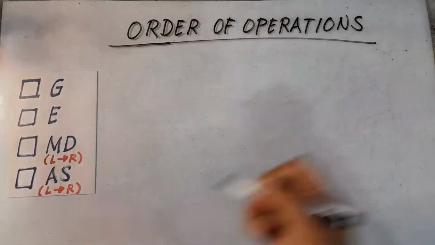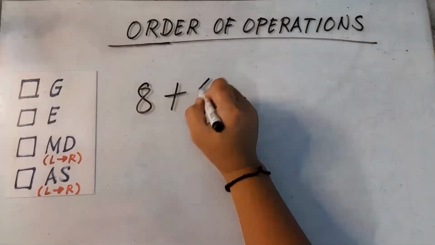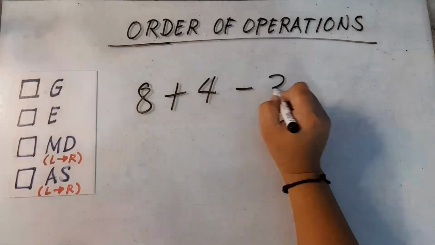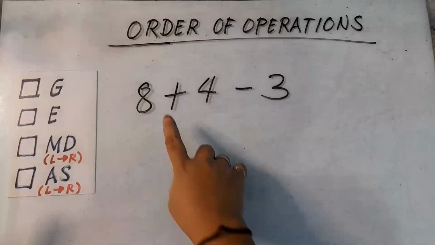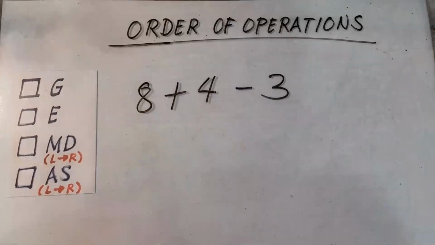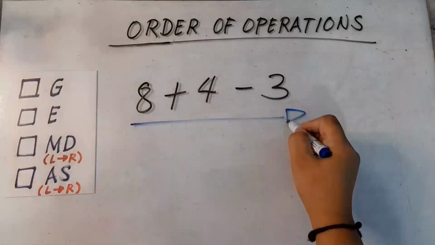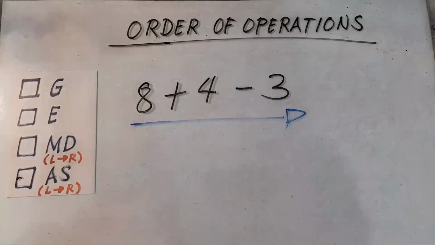So, suppose we have 8 plus 4 minus 3. Okay? So, alin ang uunahin natin? Ang uunahin natin ay yung addition bago yung subtraction kasi we perform that from left to right. As we have here in our checklist. Okay?